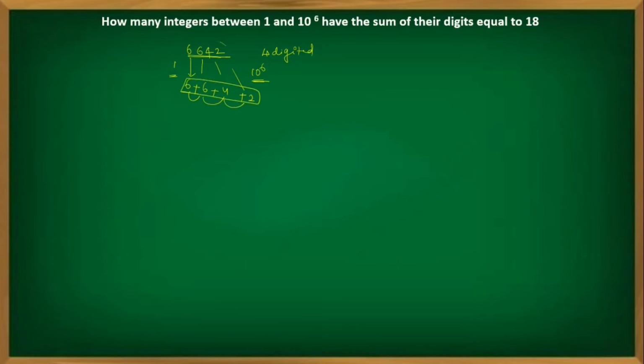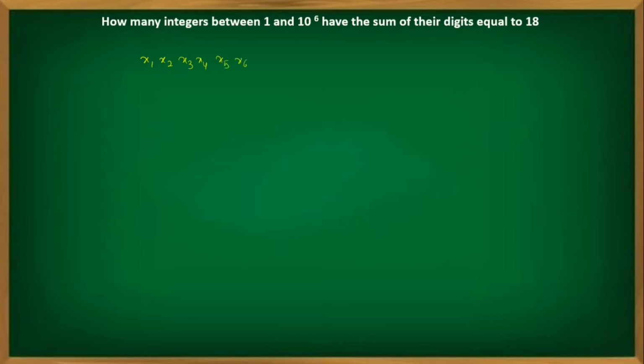So these type of numbers, how many are there in between 1 to 10 to the power of 6? How many numbers are there between 1 to 10 to the power of 6 whose sum of the digits is 18? I hope you understood the meaning of the question. Now let's suppose I write a sequence of digits like this: x1, x2, x3, x4, x5, x6.